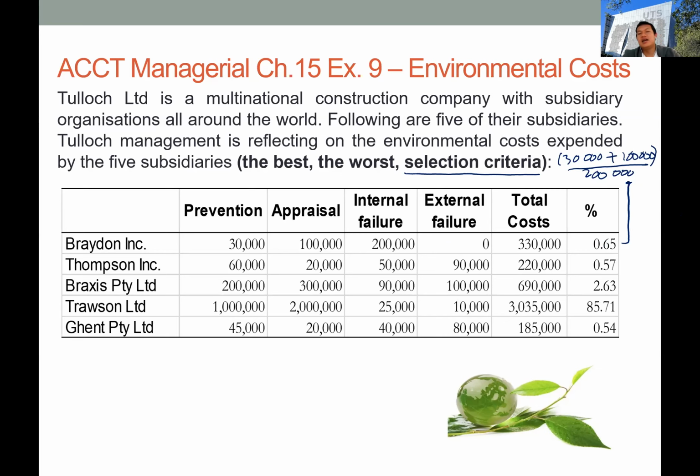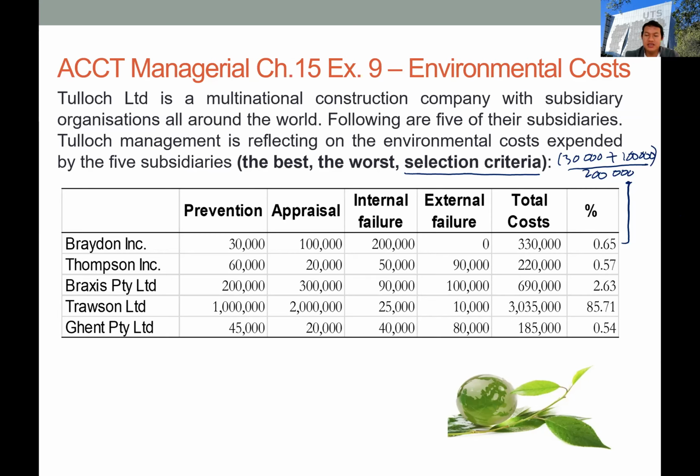The idea is that the company should invest sufficiently in prevention and appraisal costs in order to mitigate any environmental failures. So we should expect that the prevention and appraisal cost is high enough to compare to the failure costs.